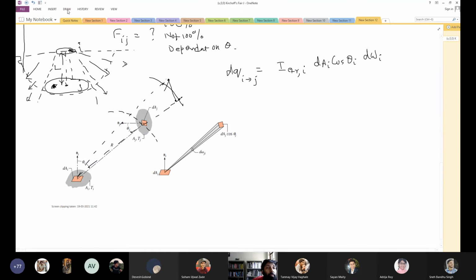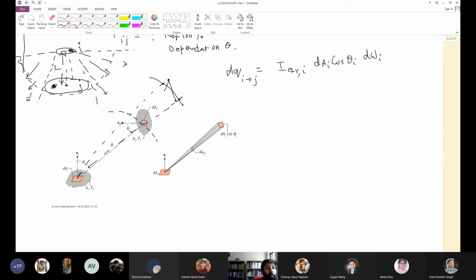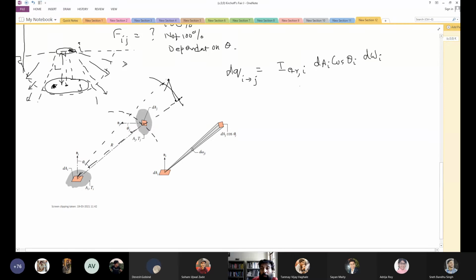Agreed? I'll make slow progress here because there may be confusing steps. If I just move quickly, there will be confusing steps. So this step is clear: dQij is just the definition.